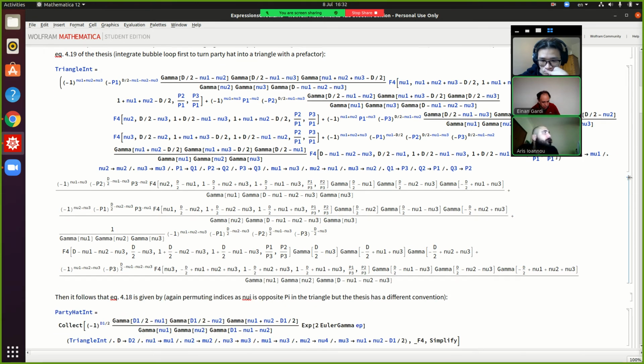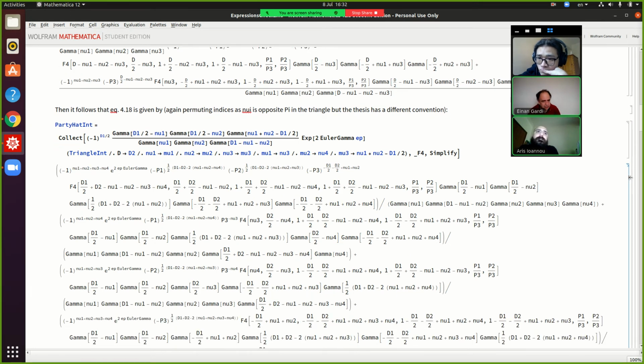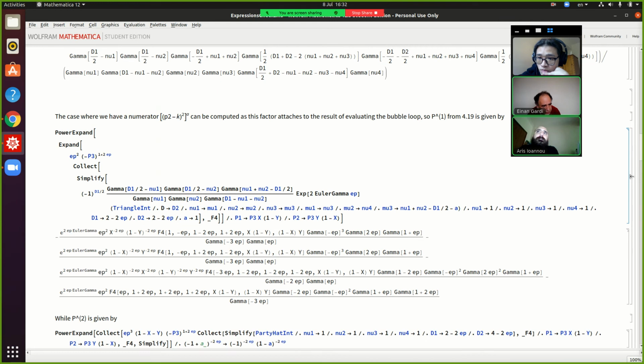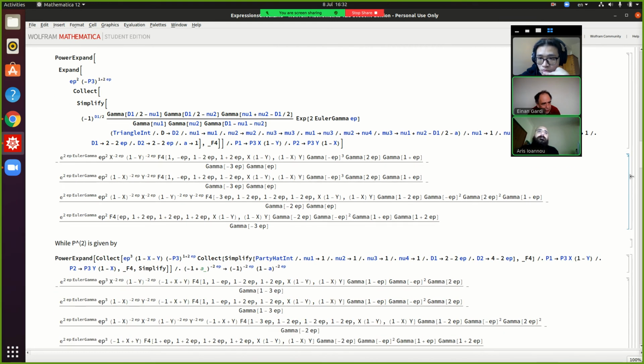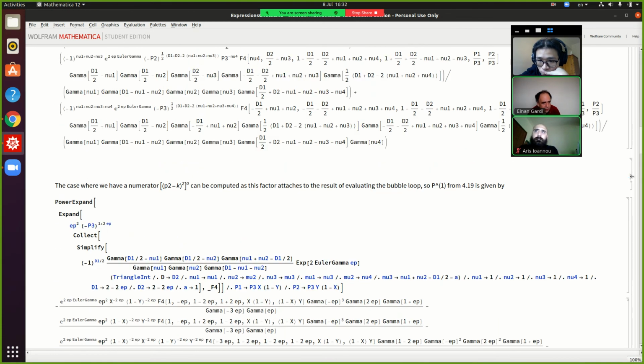So if you go down a little bit. Okay, that's the party hat integral after specializing some of these propagators. Then you go down more. Okay, now if you go a little bit up, you see this line, P2 minus K to the power A, and A is the thing that distinguishes what power you take this propagator to.